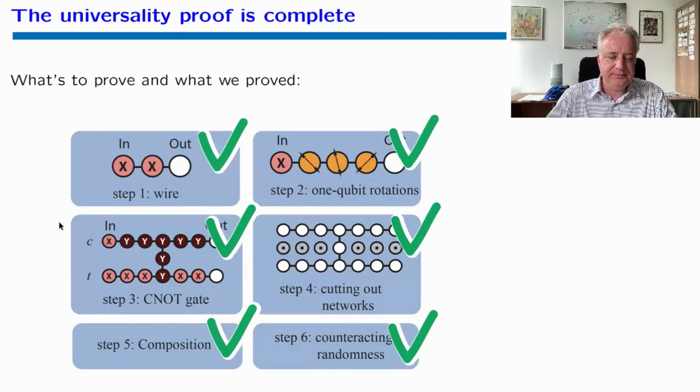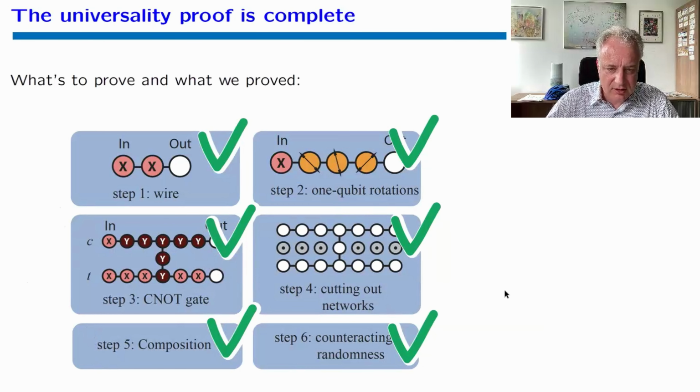This is the universality proof in a nutshell, with the caveats that some parts we have only proved in special cases, and other parts we didn't do at all. So that remains for you to do if you want to. Good, but we are basically done with the universality proof.